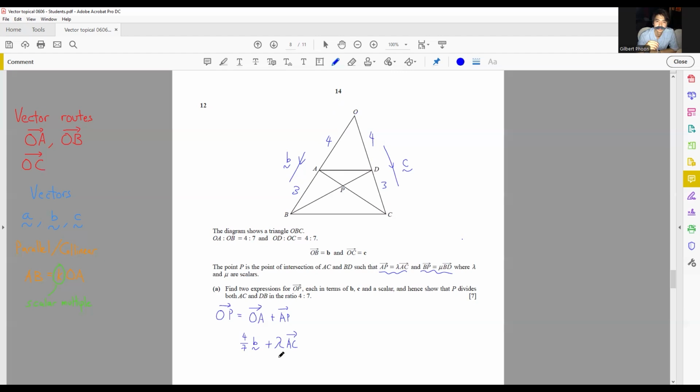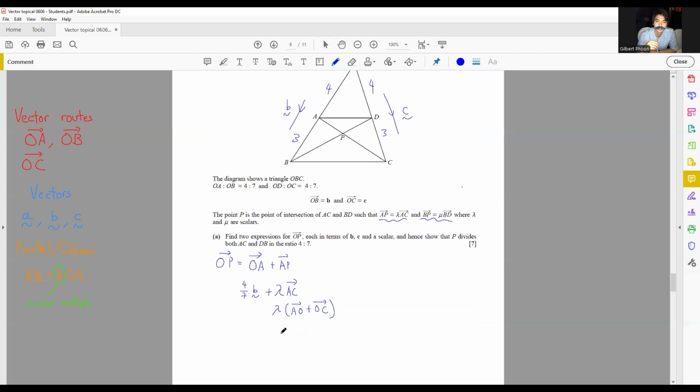Which means A to C is AO plus OC. The more you are able to break this down, the easier the question becomes. Now, A to O is actually the negative of what we had earlier, negative 4 over 7 of B, plus O to C is just C, right? This whole thing multiplied by lambda, plus 4 over 7 B.